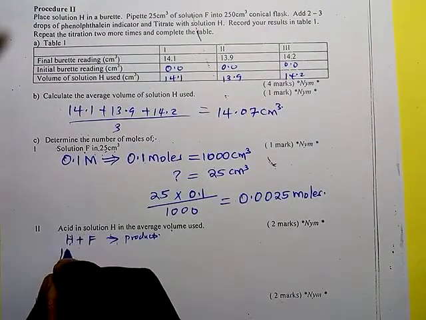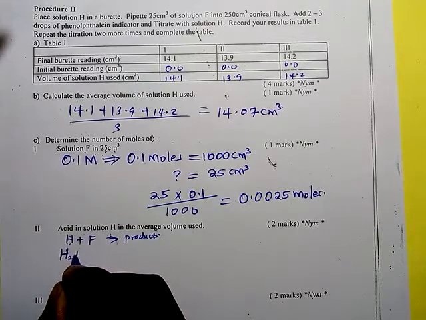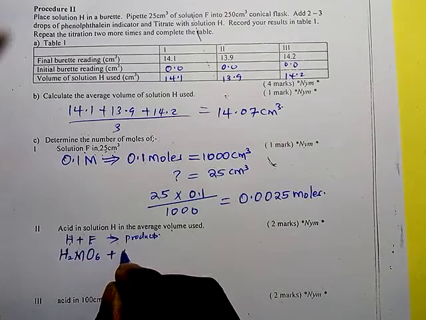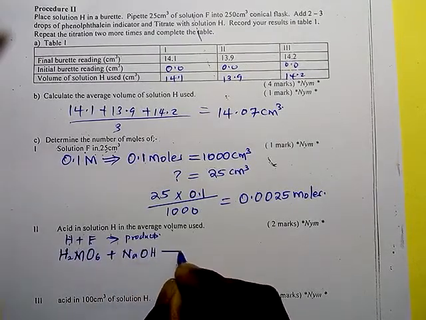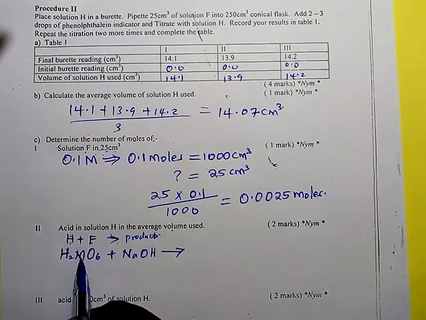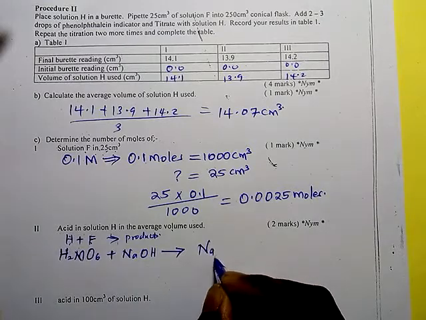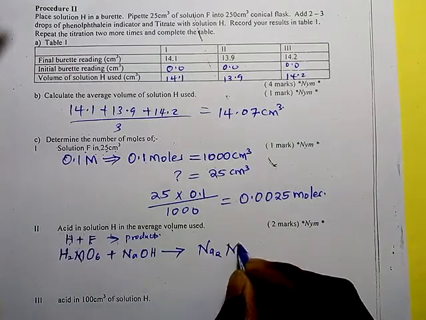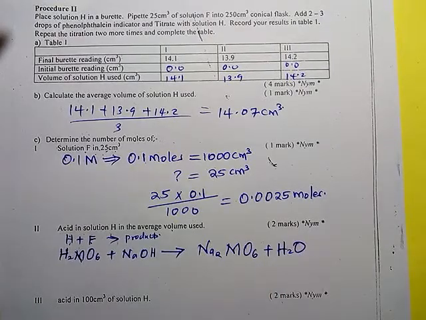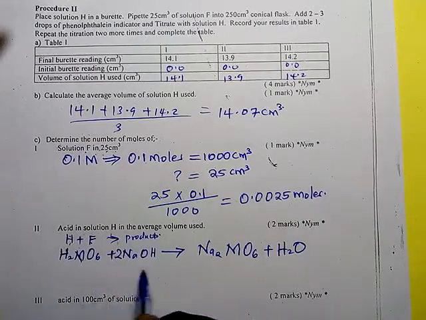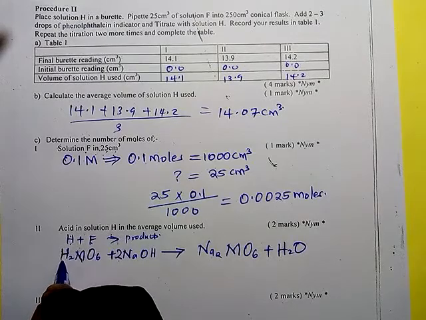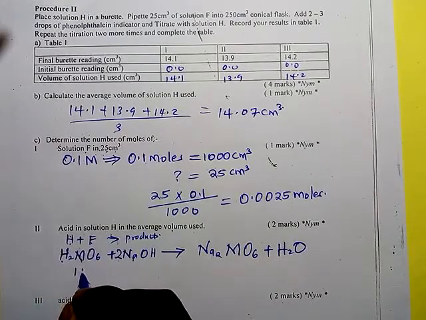So H is H2MO6 plus F, which is sodium hydroxide. Because this one is a dibasic acid like sulfuric acid, it will form the salt Na2MO6 plus water. So the most important thing here is the balancing. That tells you the ratio of the acid and the base is 1 to 2.